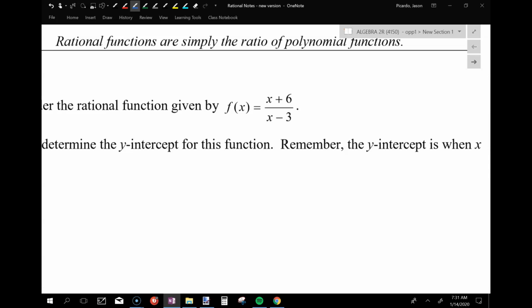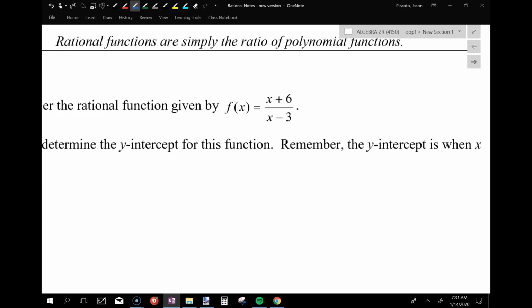Now here's what makes this a rational function. It's a rational function because I have a fraction with variables. Got that? A fraction with variables makes a rational function. Cool? Okay.